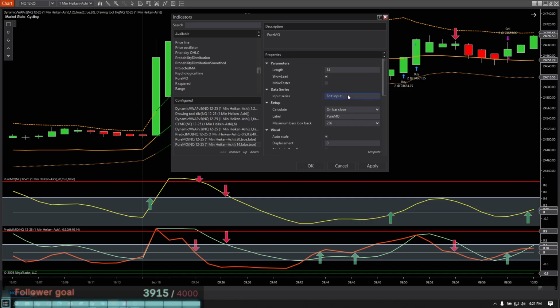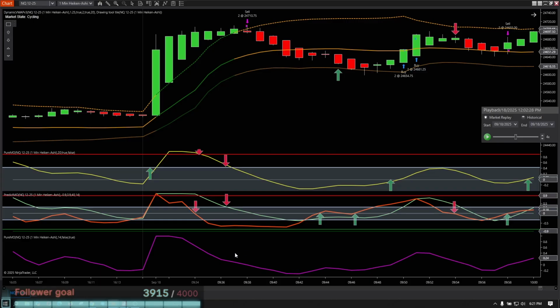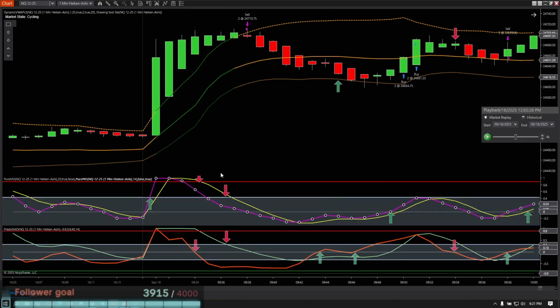So if you want to capture some of those tighter turns, then maybe a setting of 14 might work. Okay, so here's PureMO with a setting of 14. And if I drag it and drop it right there, now I've got control of both lines. So rather than one line getting its value from the other line, now you've got control of both lines independently of each other.